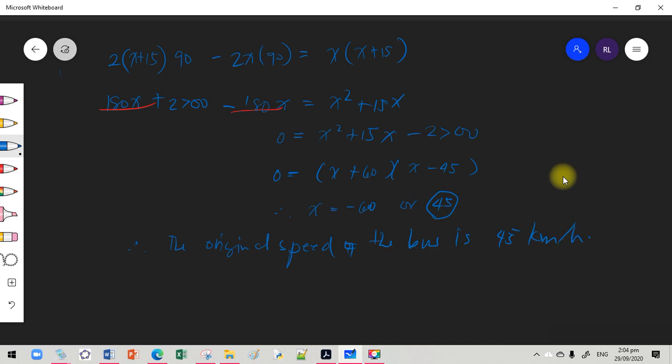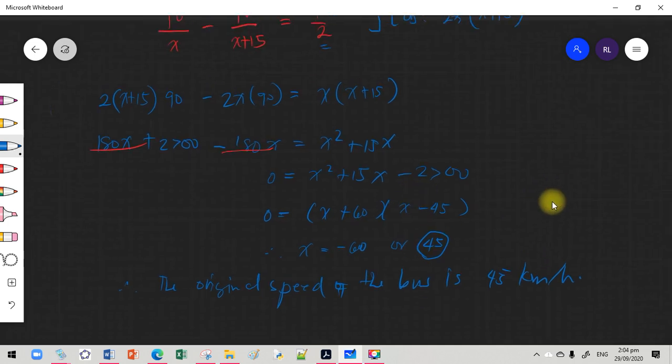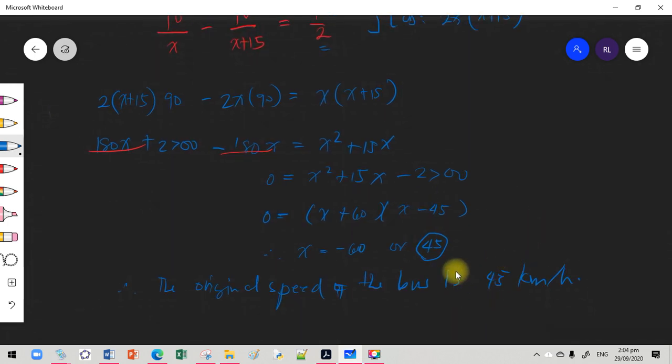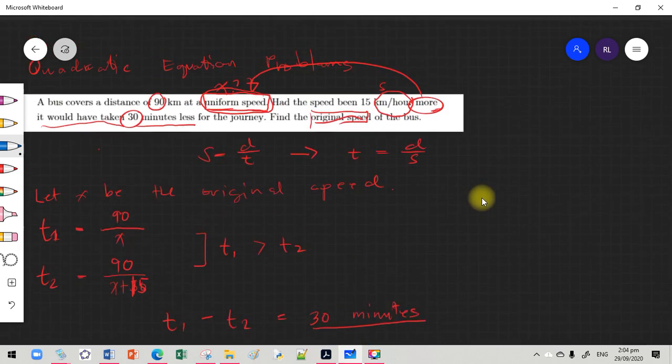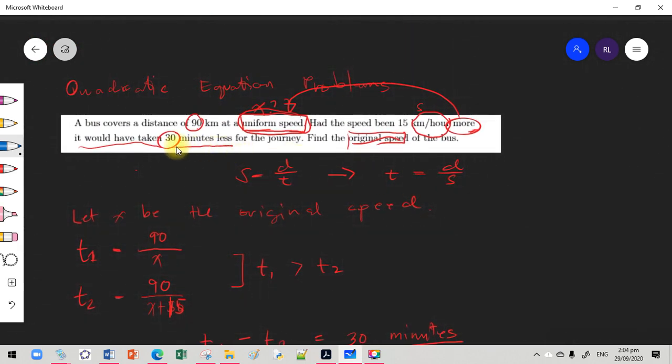So meaning if the original speed plus 15, that is 60 kilometer. It's like saying that a bus covers a distance of 90 kilometers at 45 kilometer per hour.